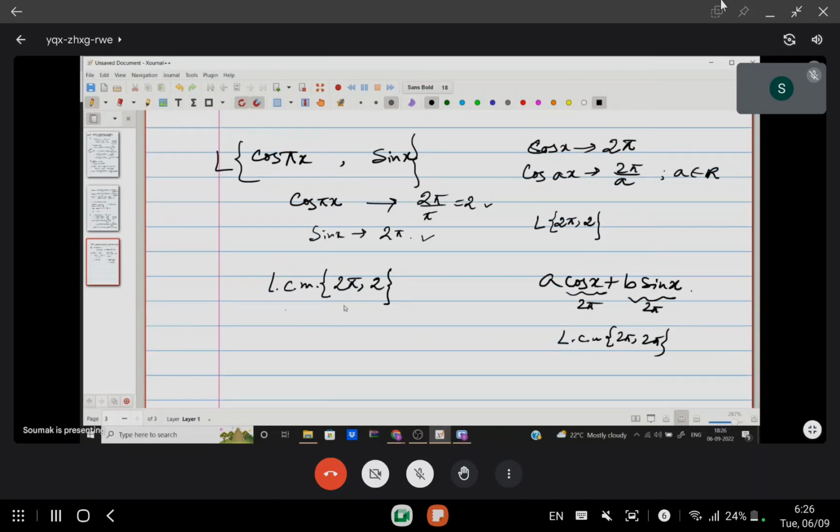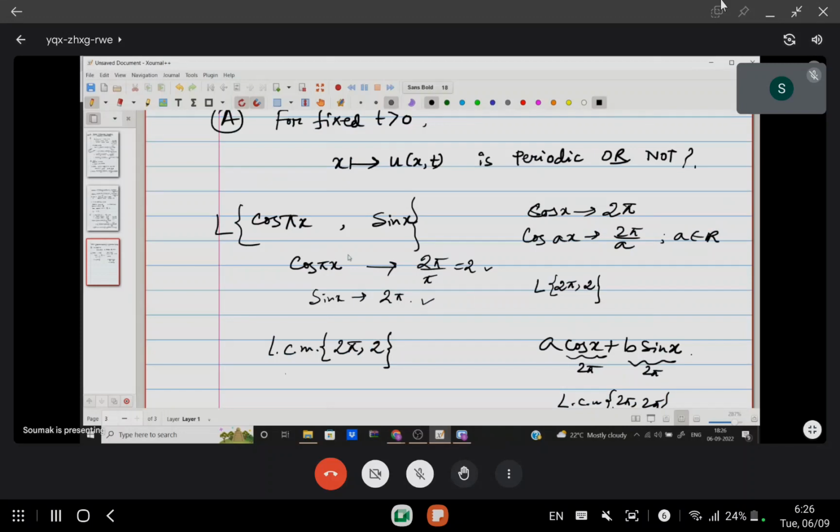Though individually they are periodic, their linear combination may not be periodic. They are periodic provided their LCM exists.